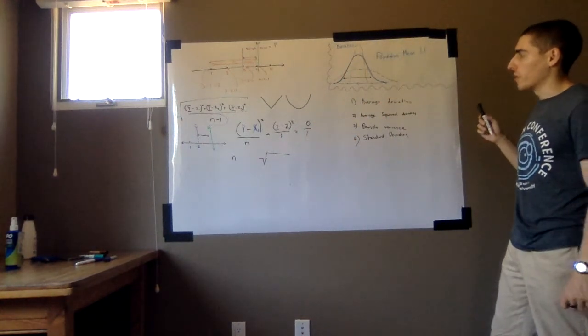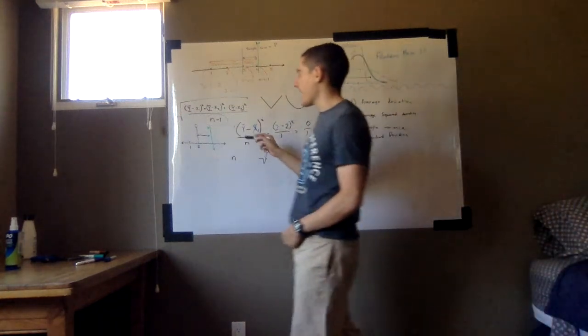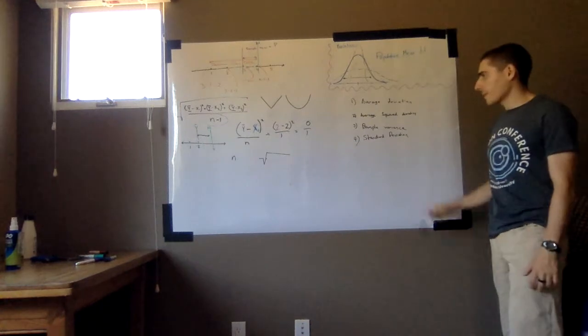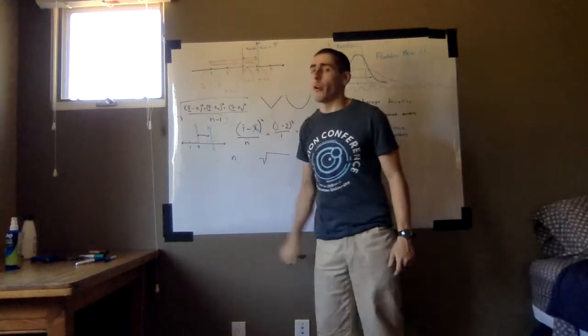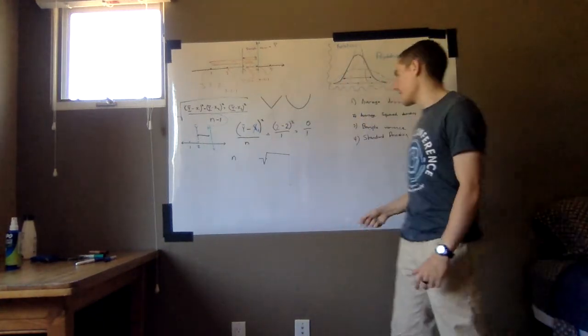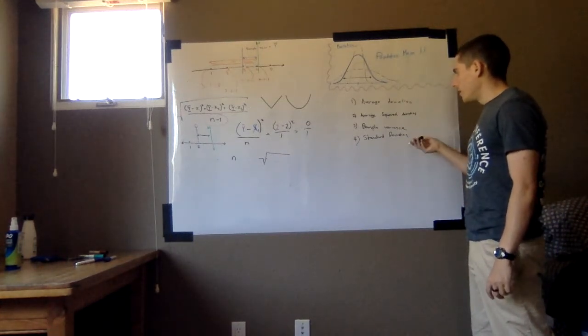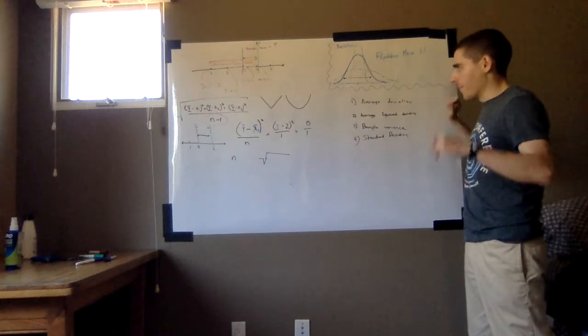And so we're going to adjust for that by changing the term that we divide by. And then we're going to take the square root of the whole thing so that the units work out.